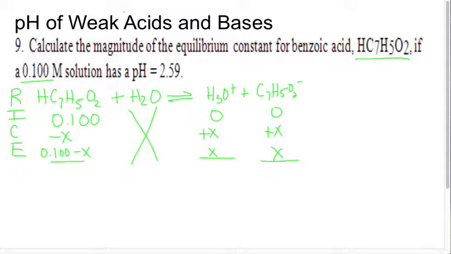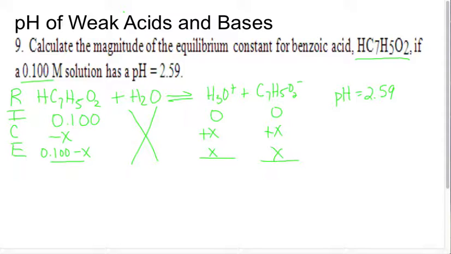Now, in order to solve for the K, we need to find X, right? So we can plug X in and solve for all those equilibrium concentrations. There's another piece of information they give us. pH, that's correct. How is that going to help us? Exactly. pH is going to give us our concentration of our H plus, aka H3O plus ion.